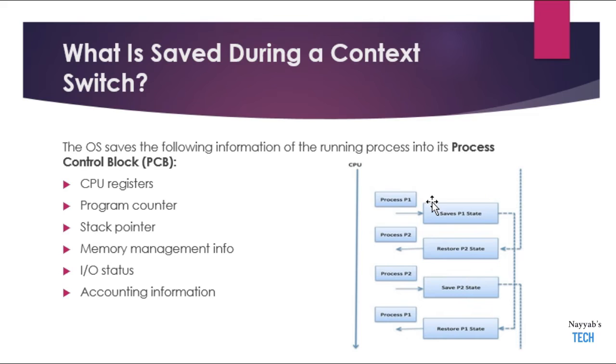The OS has to save the current information about the running process, so these are the states it needs to save during the context switch.